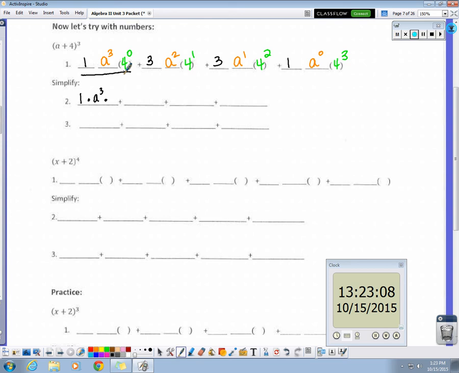Okay, get it in your head. Anything to the 0 power equals 1. So 1 times a cubed times 1 is, you're multiplying. What's 1 times 1? And what's 1 times a cubed? Just a cubed. You don't have to write the 1. So now we have simplified the first term. Now moving on to the second term.